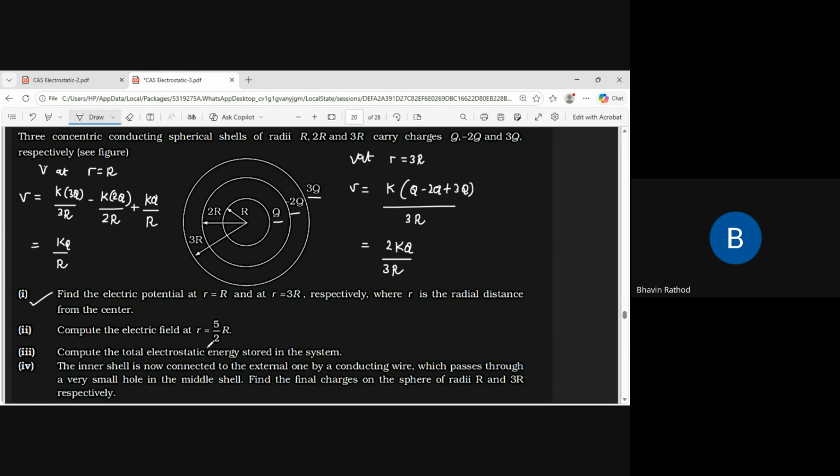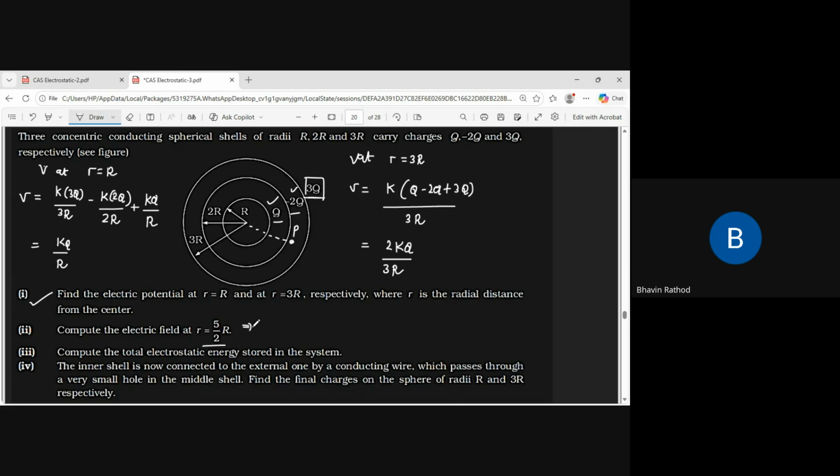Now we want to find the field at 5 by 2R. So 5 by 2R is a point in between the two shells, so we're talking about a point over here. Clearly at this point, there will not be any field because of the 3Q charge. The field will only be because of these two, and both of them will behave like point charges.